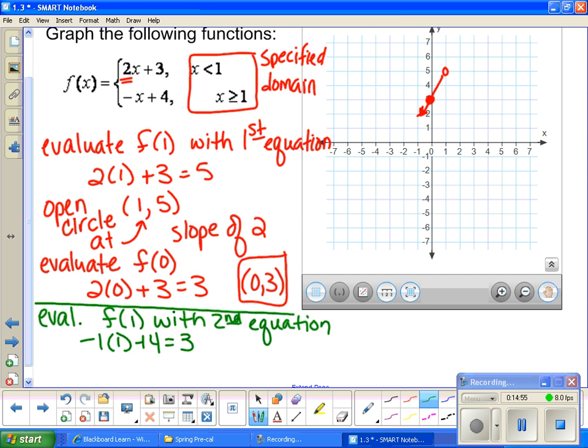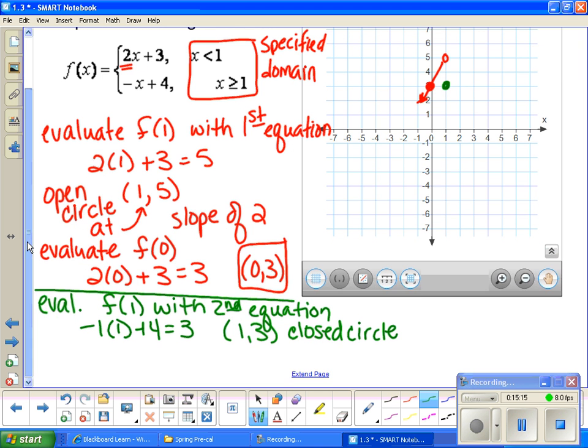However, because it says it's equal, at the point 1, 3, I will have a closed point.